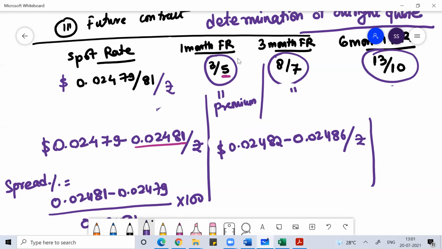Here, everyone, this is your 1-month exchange rate.